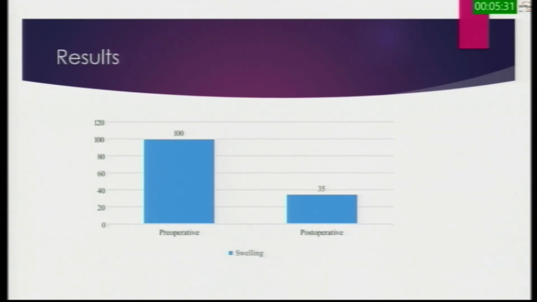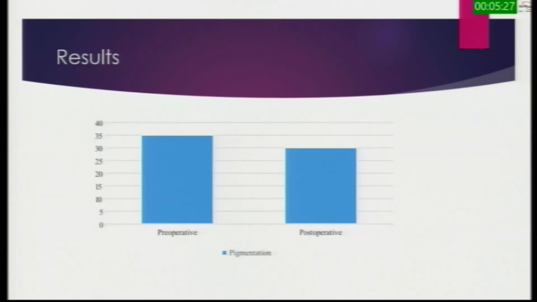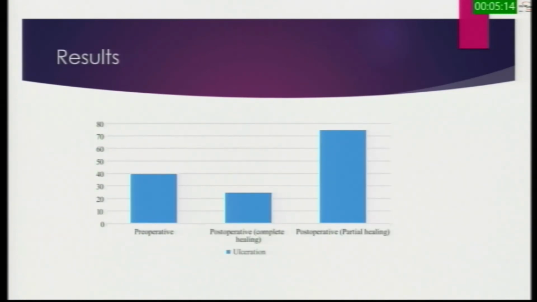We decreased the swelling of the lower limb from 100% to 35%. The pigmentation didn't improve much, but actually we didn't look for improvement of the pigmentation. It was just a symptom, and we found relief in the symptoms.